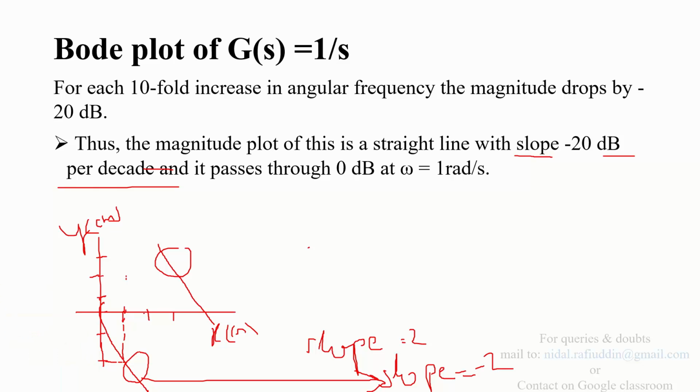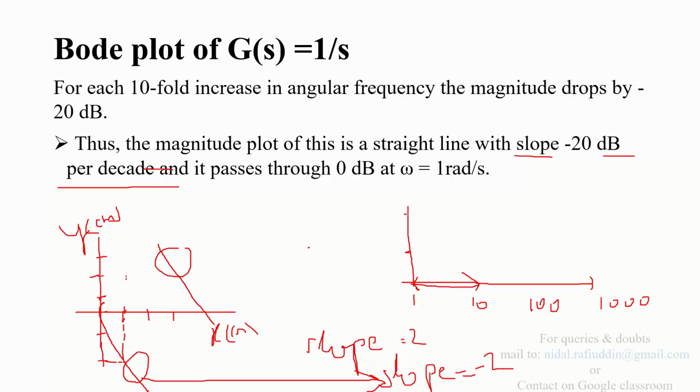But if you talk about the semi-log graph paper, I told you that it is going to have a log scale on the x-axis, so you have it in the form of decades: 1, 10, 100, 1000. The gap between 1 and 10 is a decade. Likewise, between 10 and 100 is a decade, and between 100 and 1000 is a decade.